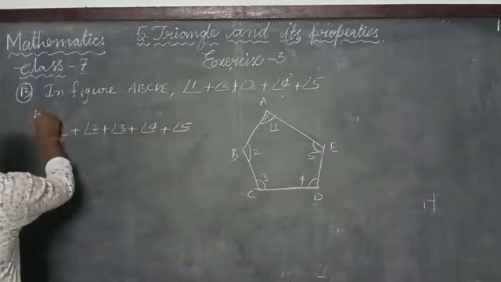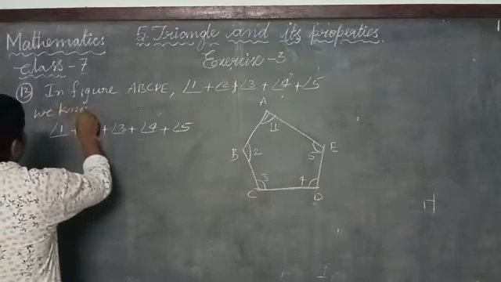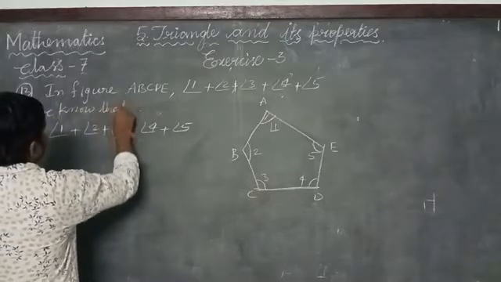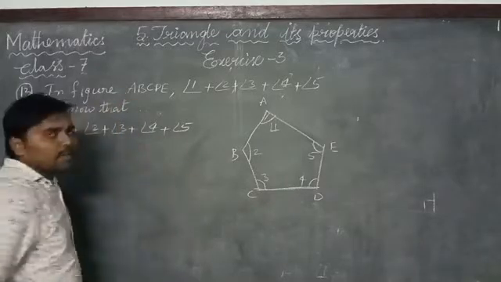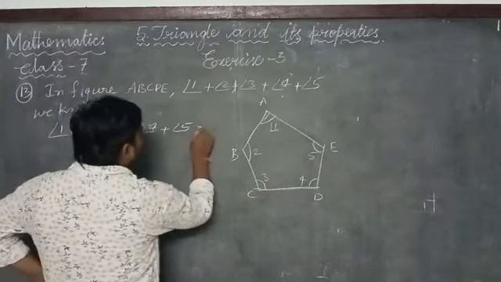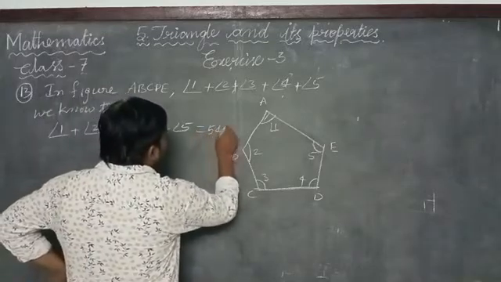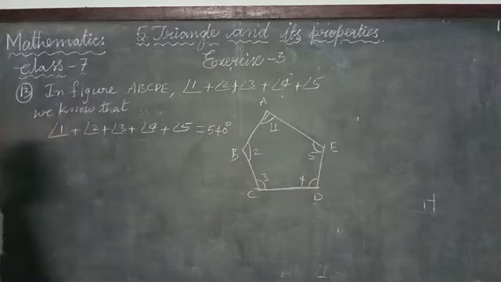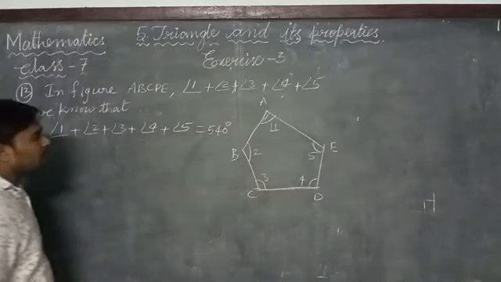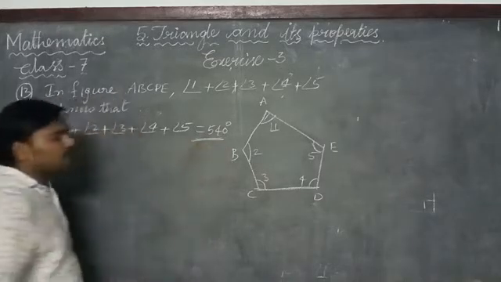We know that the sum of all the angles in a pentagon is equal to 540 degrees.